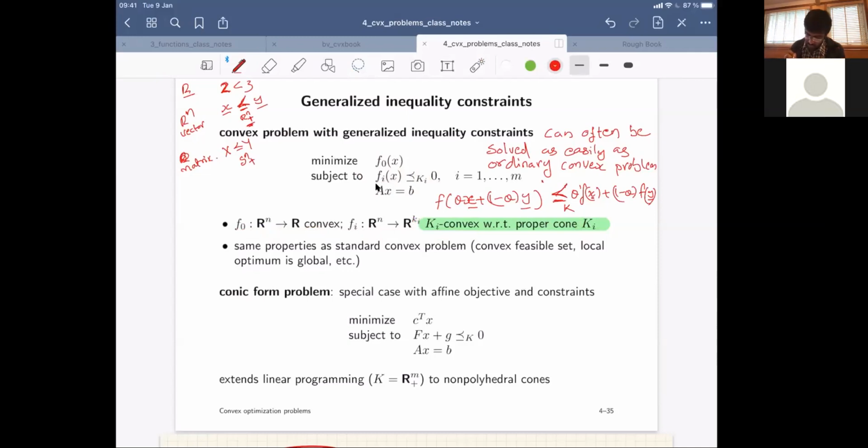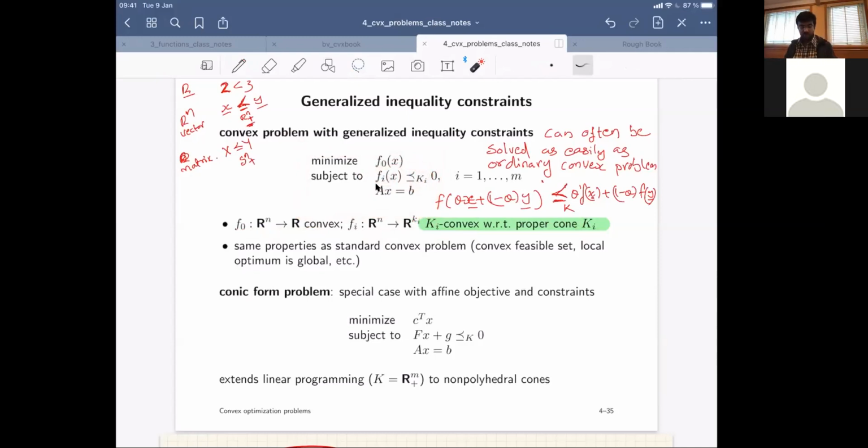So the general framework changes in two places: fi has to be K-convex, and the inequality is defined with respect to a proper cone.